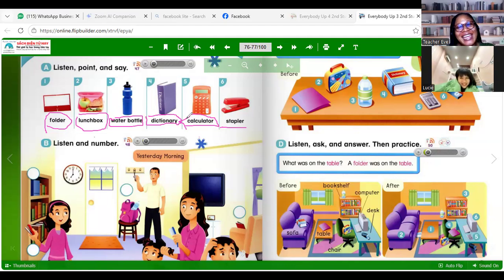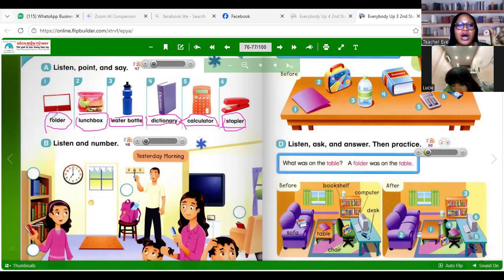Calculator. Again. Calculator. Good. Okay. Then this. Try again. Stapler. Stapler. Again. Stapler. Again. Stapler. Good.